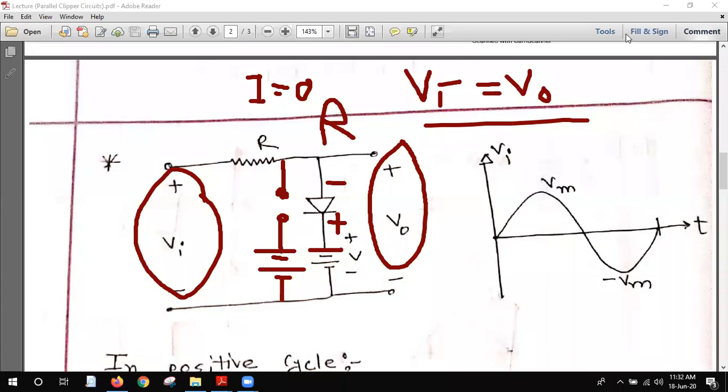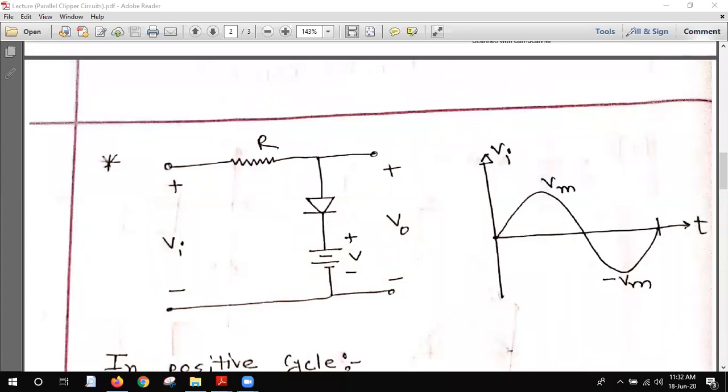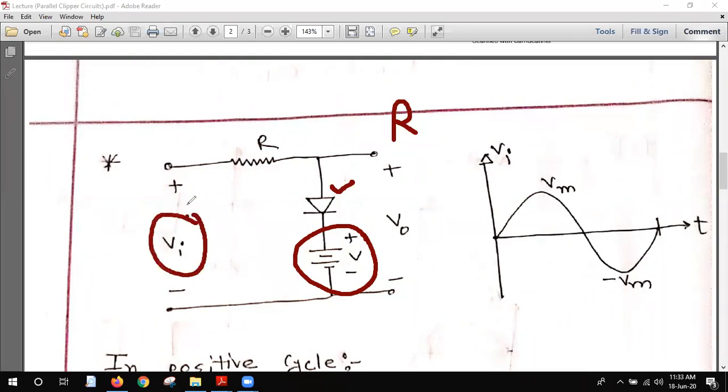So the next thing is that when it is reverse bias, this DC supply is making the diode reverse biased, and this input AC voltage is making this diode forward biased.